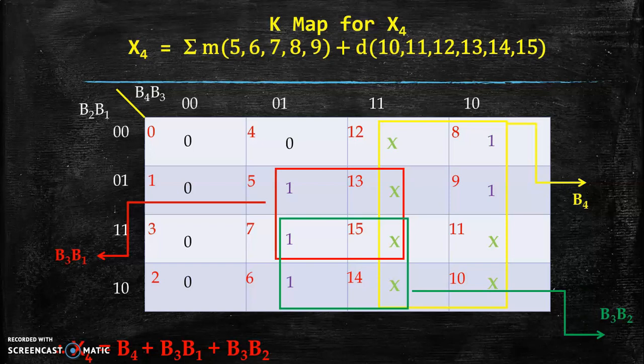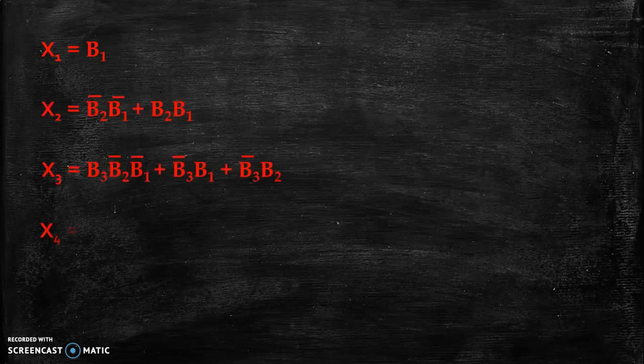So now the reduced Boolean functions for x1, x2, x3 and x4 are available. In the next step, we will be implementing the logic circuit with the help of basic gates, that is AND, OR and inverter.